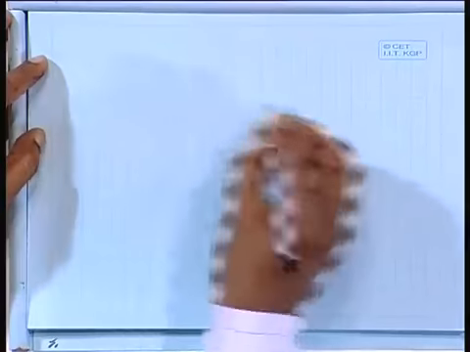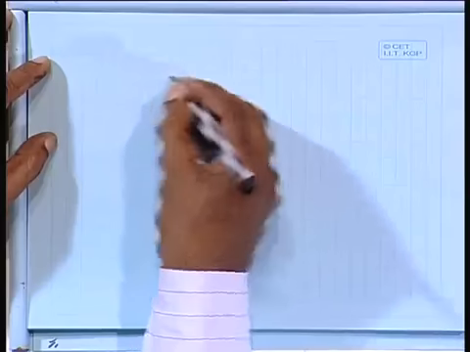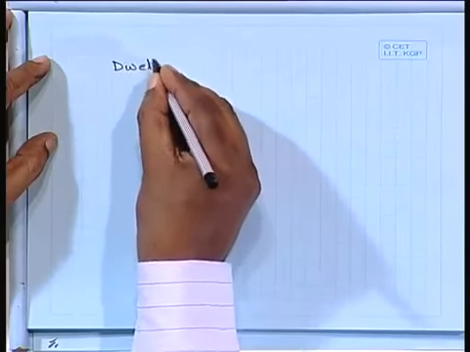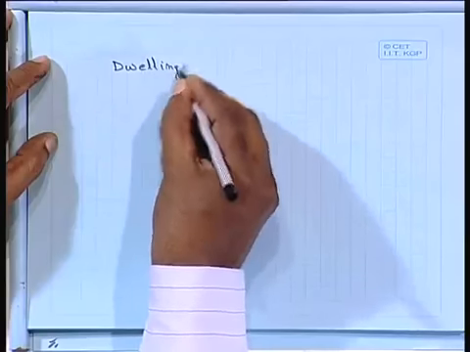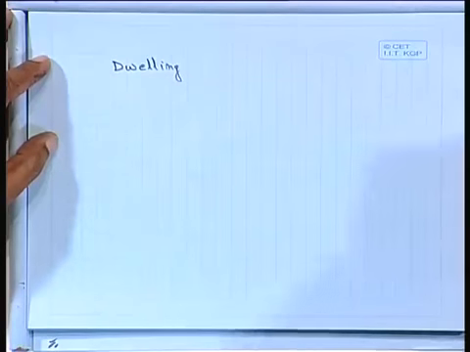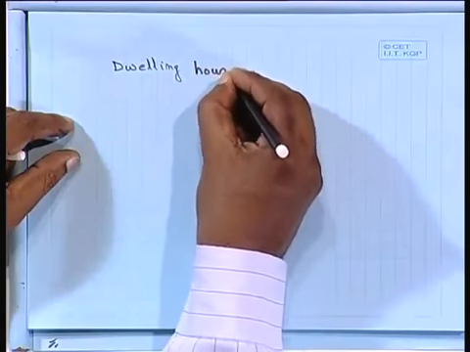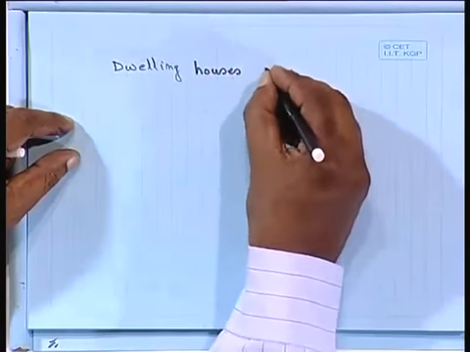So, we can say number one, dwelling houses and factories.